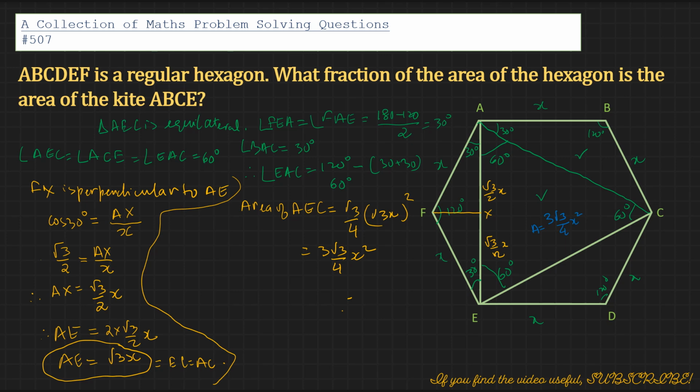And now the area of the triangle ABC equals area of AFE equals area of EDC.